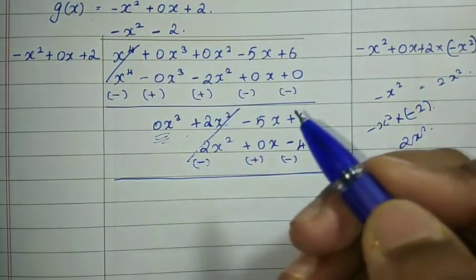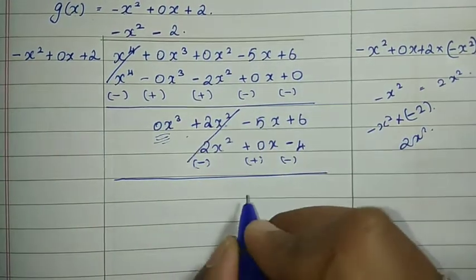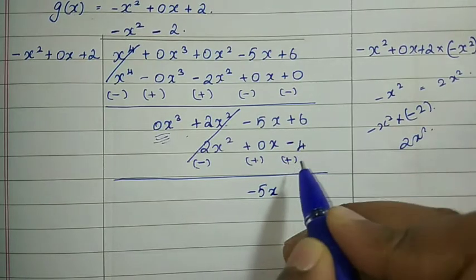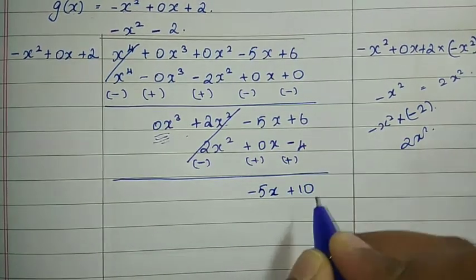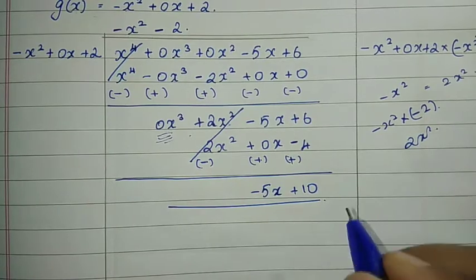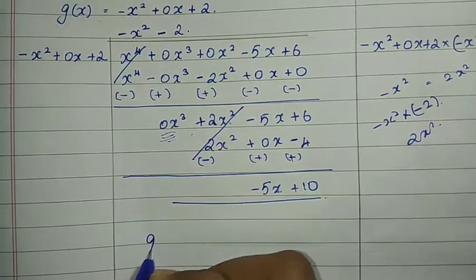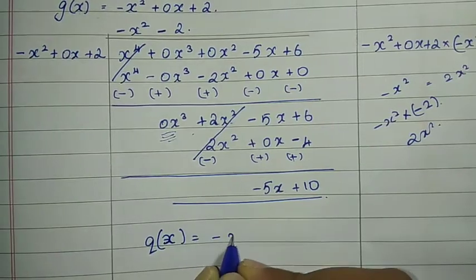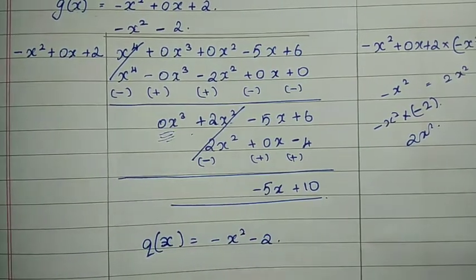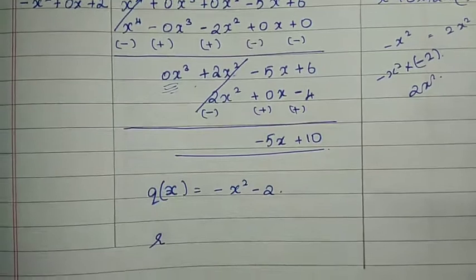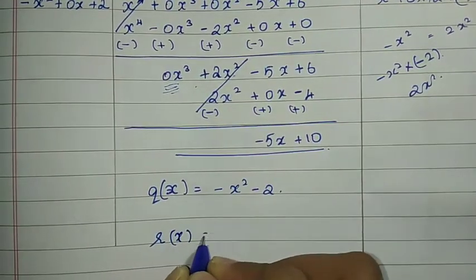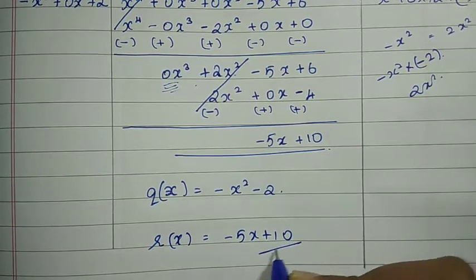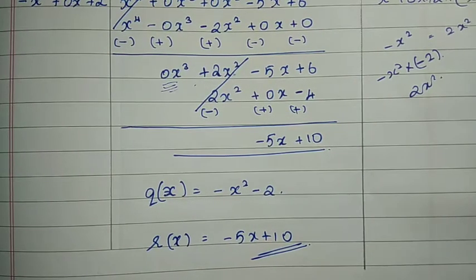So this will get cancelled and here it will be minus 5x and here it will be 10 plus 10. So this is the required answer. So my q of x is equal to minus x square minus 2 and r of x is equal to minus 5x plus 10. This is the required polynomials.